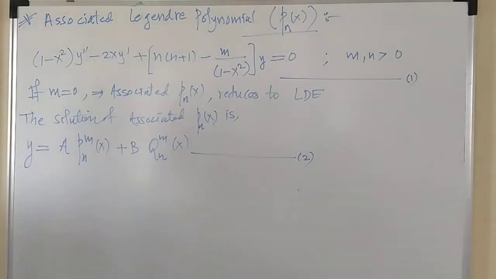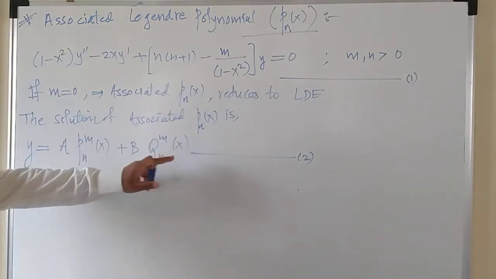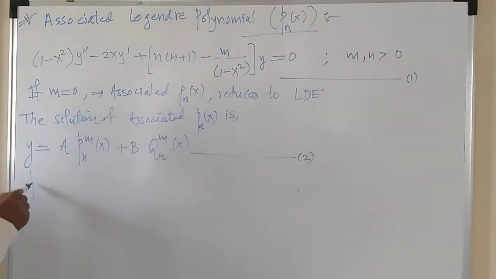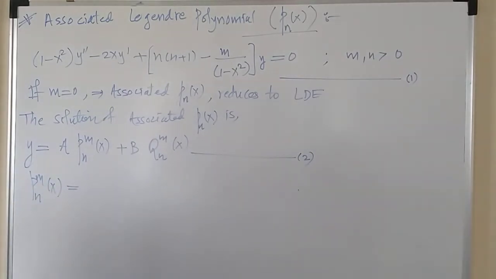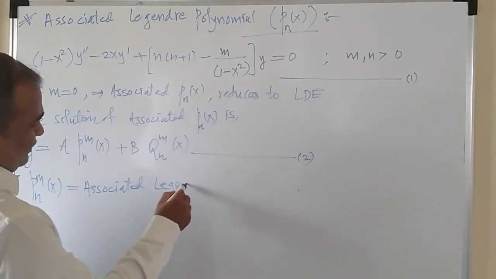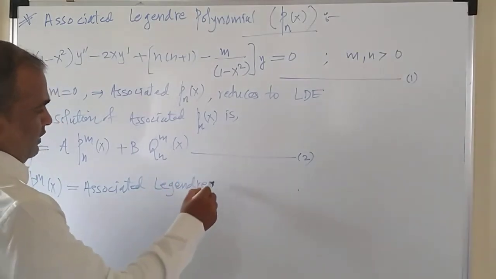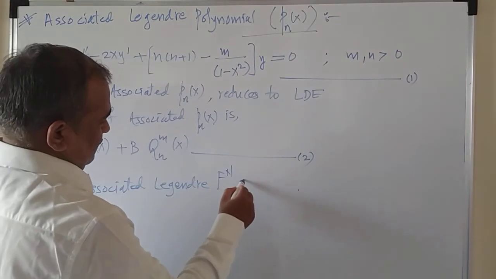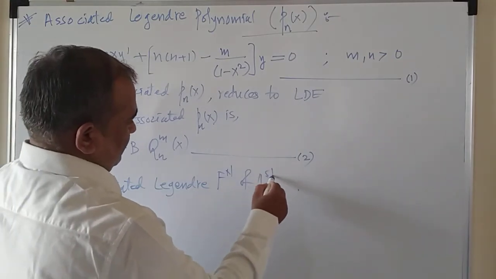Now what are Pn m of x and Qn m of x? This Pn m of x is called the associated Legendre function of first kind.